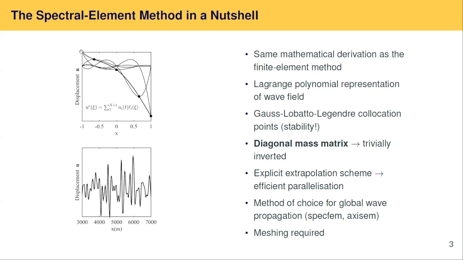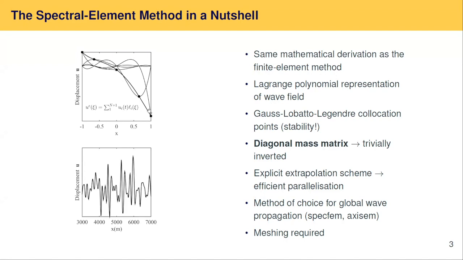Now, again, this is not made up here. This is part of the wave field. This is the value at the left boundary, and this is the value at the right boundary. The first thing that is important is that we now have what are called collocation points. We now not only have, let's say, 2 degrees of freedom per element, we have more.